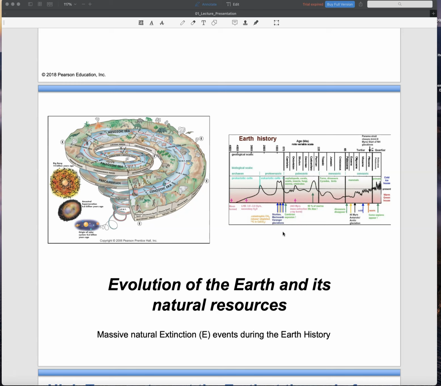Because I strongly believe that we need to have a framework of how the evolution of the Earth took place in order to understand what resources we have, but besides that, how the cycle of the temperature during the evolution of the planet has been taking place and what that cycle looks like.